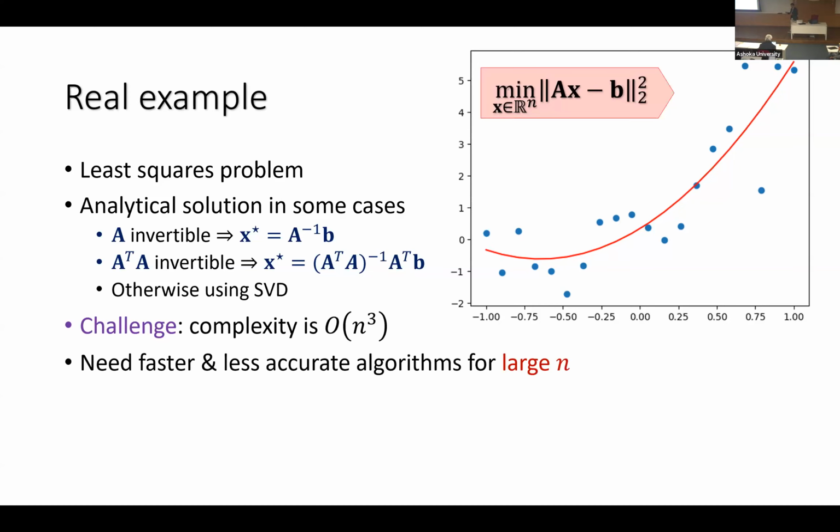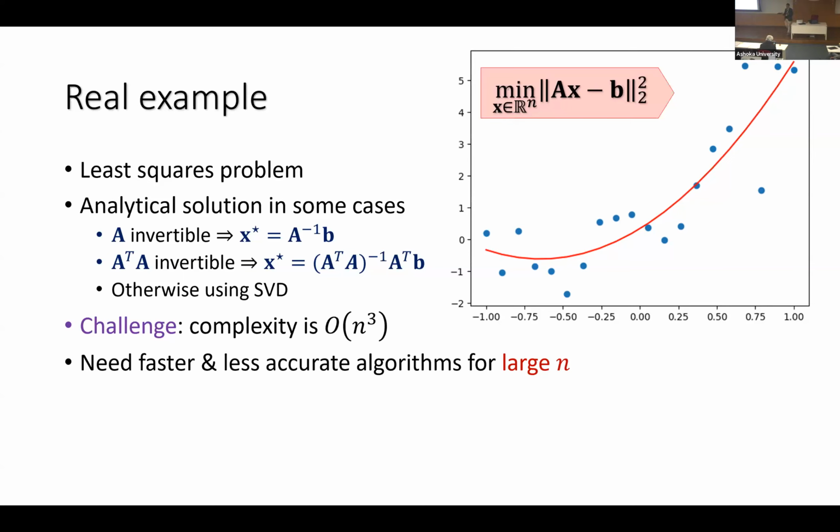But the question here: we have an analytical solution. Still, you may say that you want a faster algorithm. Maybe it can be less accurate, I don't care. I want a faster algorithm, especially for the case when n is large. Imagine n to be 1 million. 1 million cube is how much? Very, very large, 10 power 18. So we don't want that much complexity.